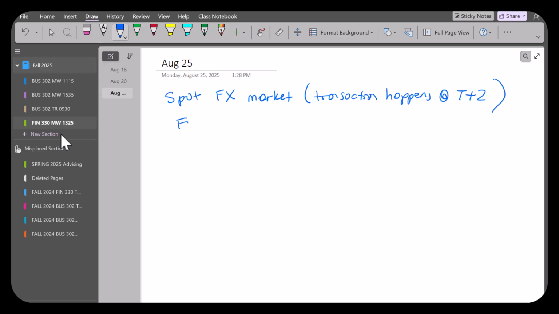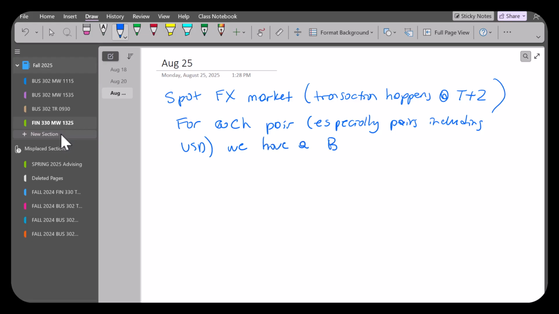And for each pair, especially pairs including US dollar, we have a bid and ask or offer prices.